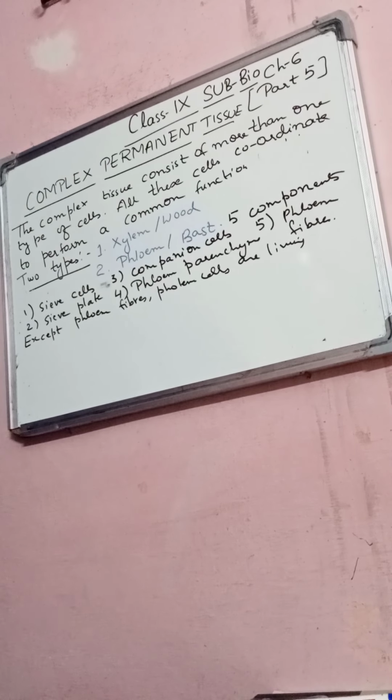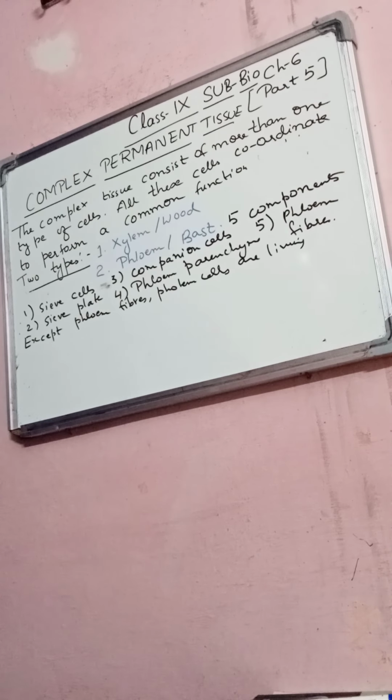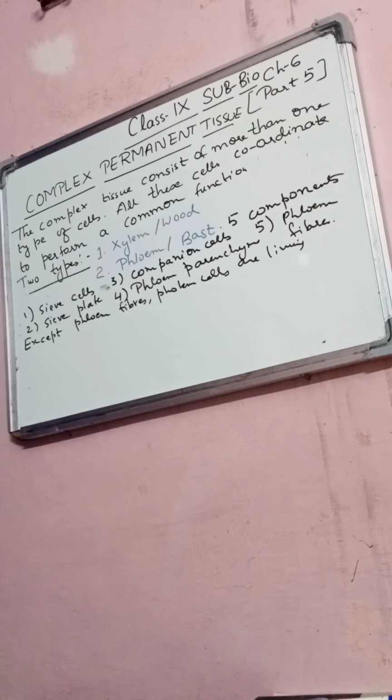The sieve tubes are cylinder tube-like structures composed of elongated thin-walled cells, placed end to end. And the end walls are perforated by a sieve plate. Numerous pores are present, right?